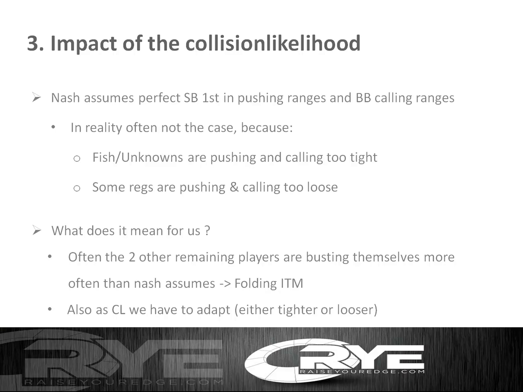So there should be some differences, and we should also deviate from our ranges. So when you just push the Nash ranges, you make a mistake somewhere, because this would mean that you think the other players play optimally, and that's usually not the case. And that's why the Nash ranges are not perfect.